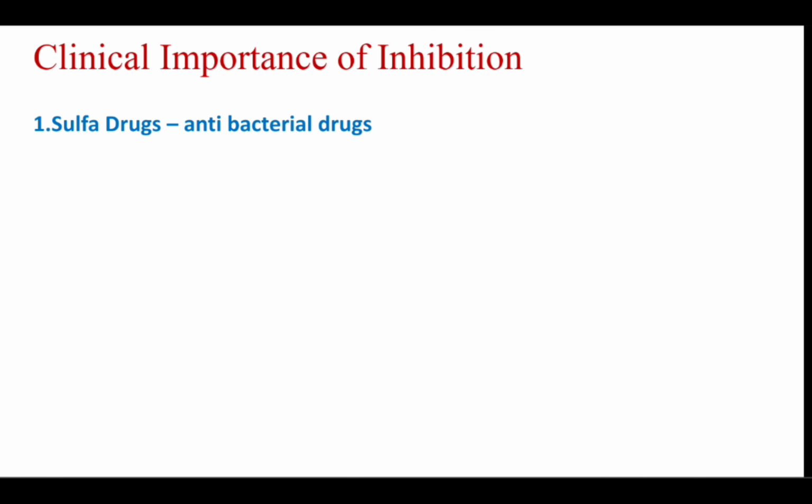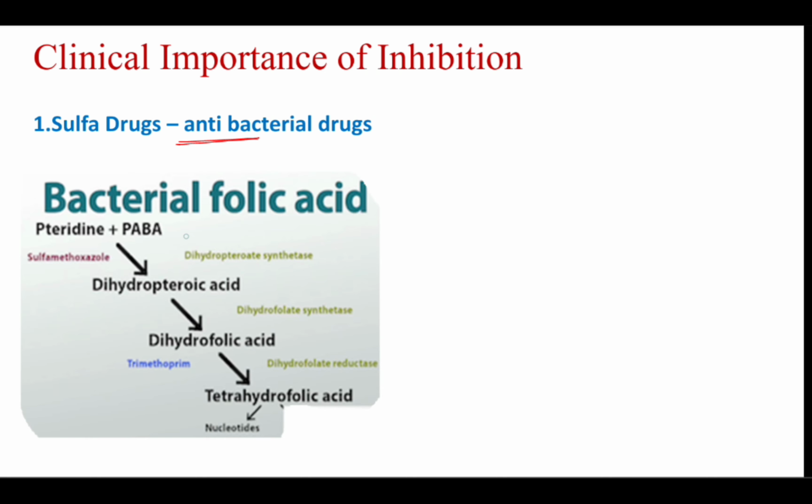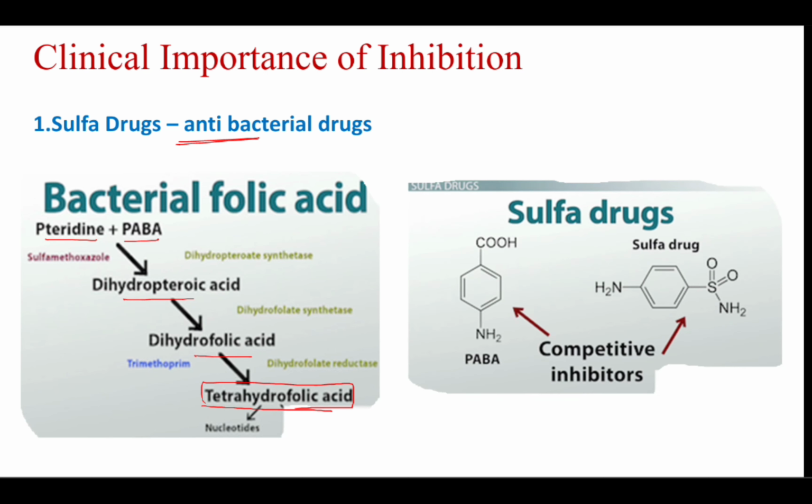Clinical importance of this inhibition: sulfa drugs, which are used as antibacterial drugs. Bacterial folic acid synthesis: pteridine plus para-aminobenzoic acid form dihydropteroic acid and dihydrofolic acid, which in turn form tetrahydrofolic acid, and this tetrahydrofolic acid is required for bacterial growth.